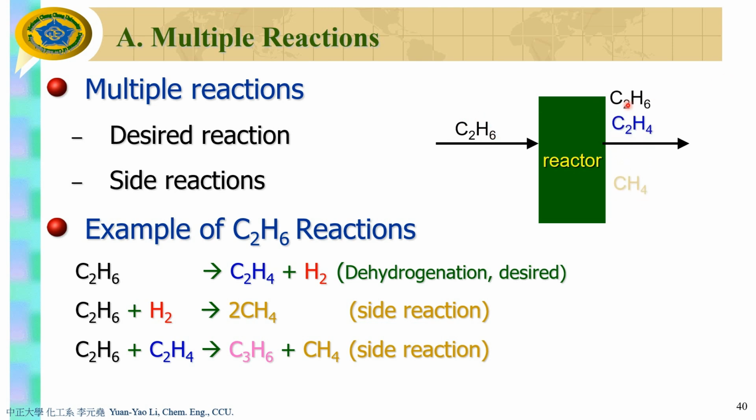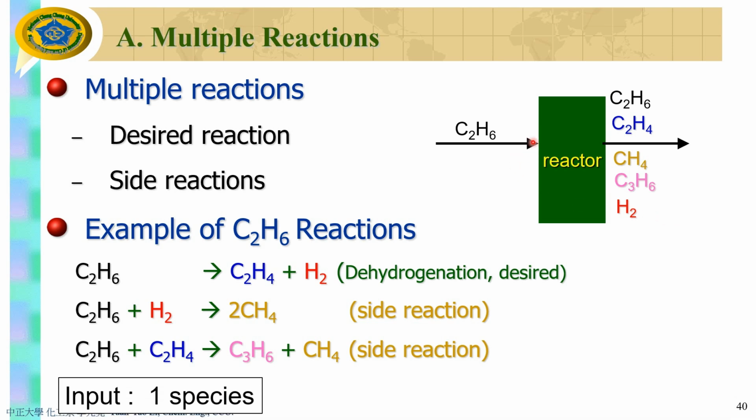Okay, you might react completely, but you might have some left. It depends on the extent of reaction, right? And you will have C2H4. And you might have CH4. You might have C3H6. You will have H2. So you have one input, and you will have 5 outputs.